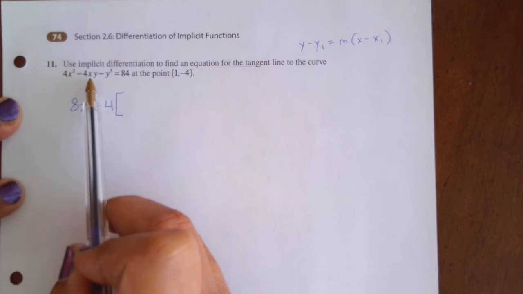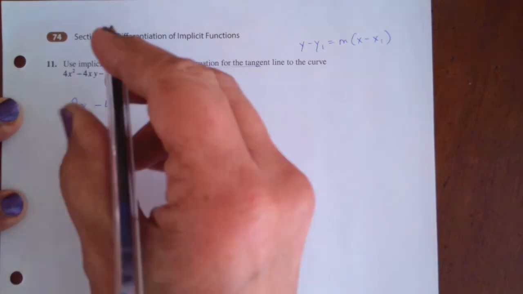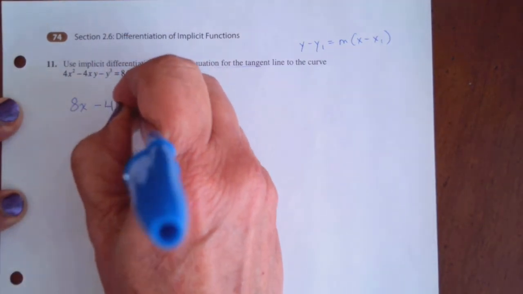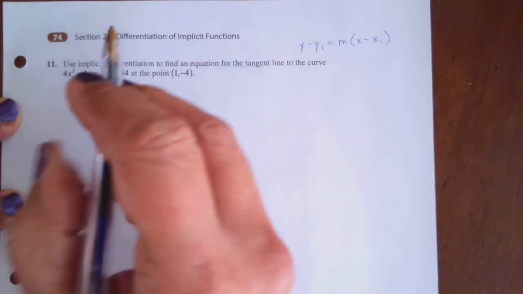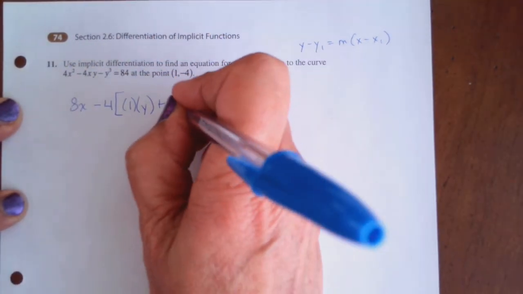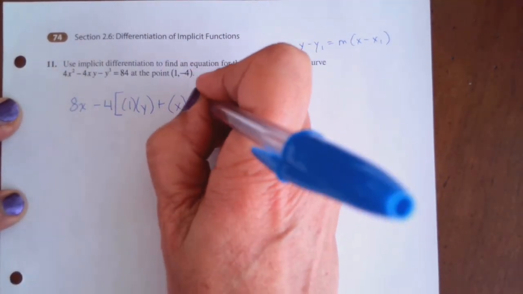I'm just going to do the derivative of x times y, a quick little product rule. The derivative of x is 1 times the second, which is y, plus the first, which is x, times the derivative of y, which is 1 dy/dx.